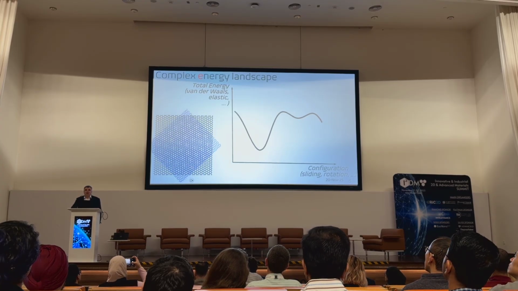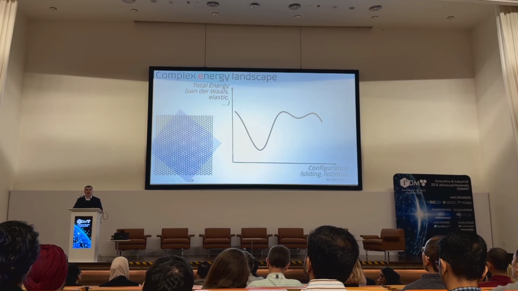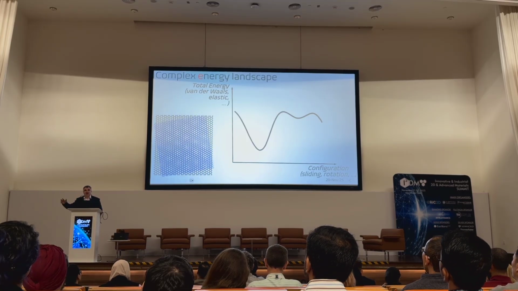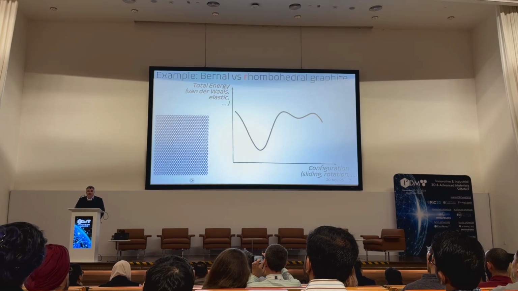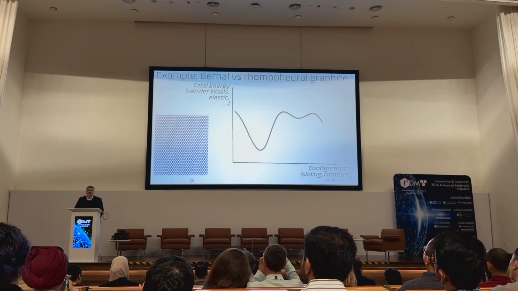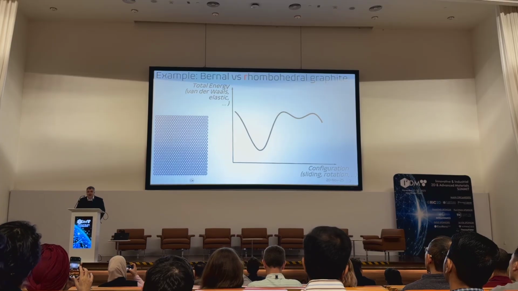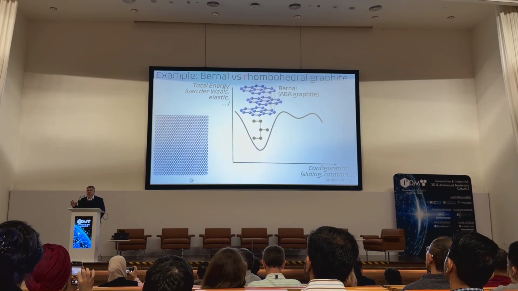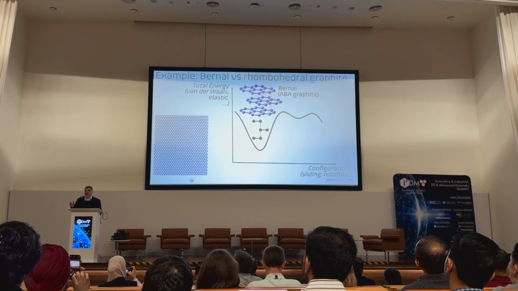And we know that if you take one interface, usually there would be one global minimum, and then a number of metastable states. We all learned about this some time ago, because even if you take natural graphite, for example, the lowest energy state is the so-called Bernal graphite, the ABA stacked.